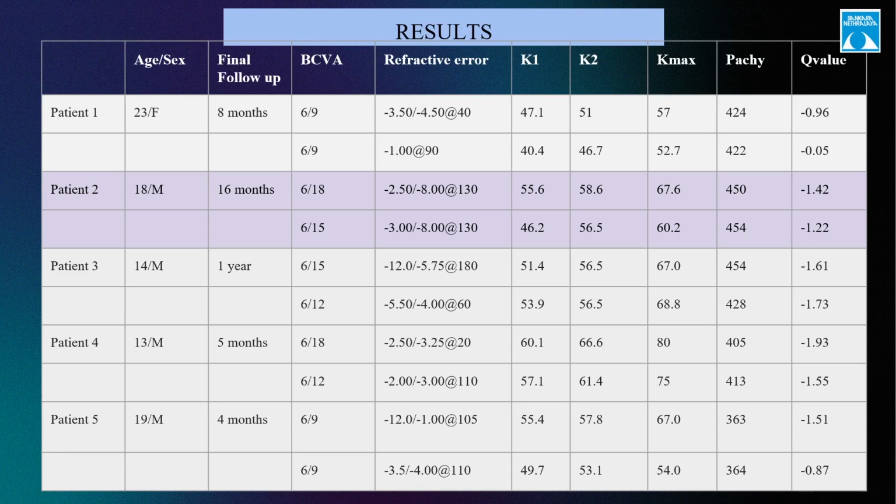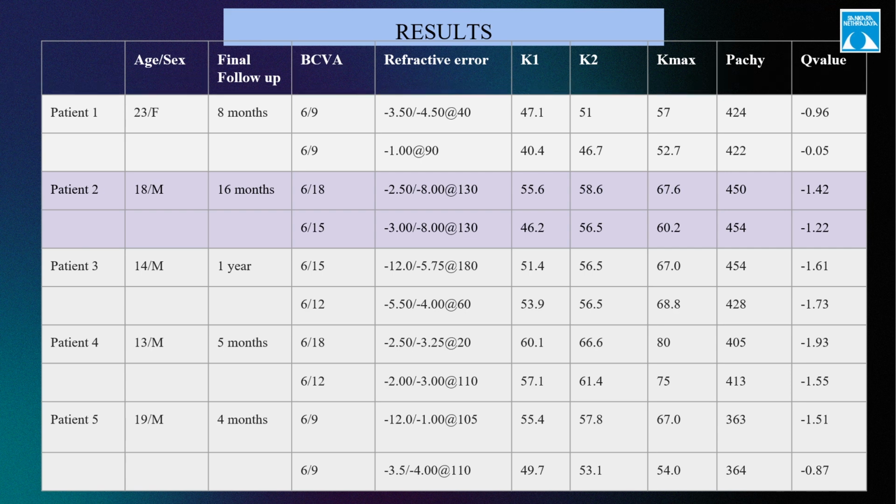All of these patients show stabilization via the Q values. However, the refractive error results are quite unpredictable for every patient. For the second patient, as you can see, the refractive error did not change much. However, the K1 from 55 came to 36, K2 from 58 to 56, and the Q value from -1.42 to -1.22.